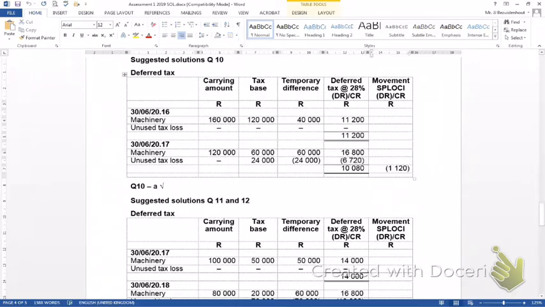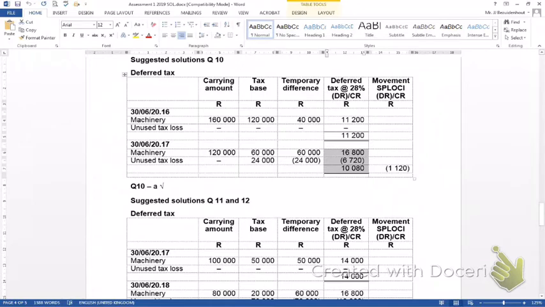Now the difference between that is 16,800 and the 6,720, which is 10,080. Now you will see that 10,080 is still a credit balance. So therefore it is allowable. In this case, it doesn't matter if we have future profits or not, there's still a credit balance. So we will absorb the full unused tax loss into our deferred tax calculation.